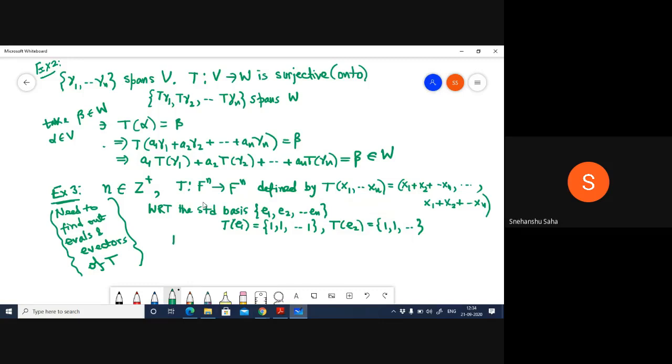So what we know is that T of x1 through xn, according to the eigenvector equation, is lambda times x1 through xn, and that is nothing but whatever your linear transformation is given: x1 plus x2 plus xn.